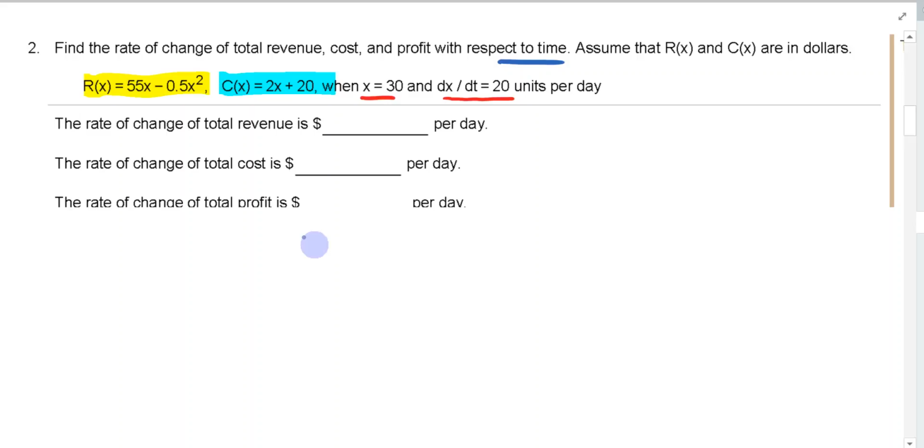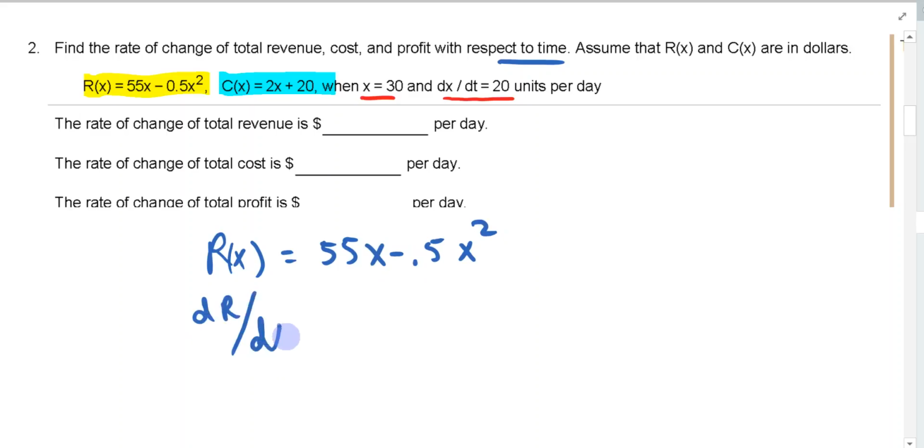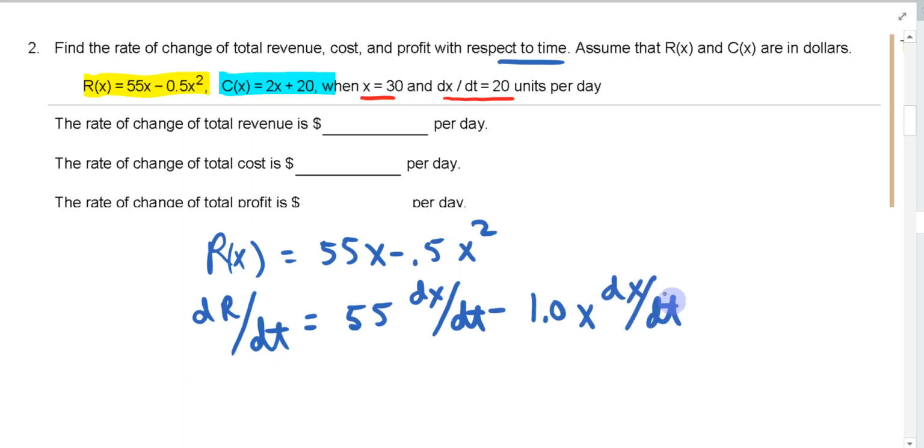They want to know the rate of change, so they're talking about a derivative for all of these. R of x is equal to 55x minus 0.5x squared. Let's take the derivative of that: dR/dt equals 55 dx/dt minus 1.0 x dx/dt. That is the rate of change function. Now we're going to plug in the things that we have.